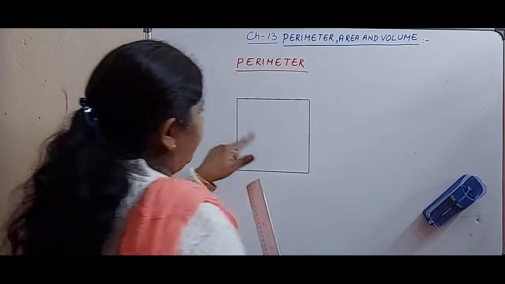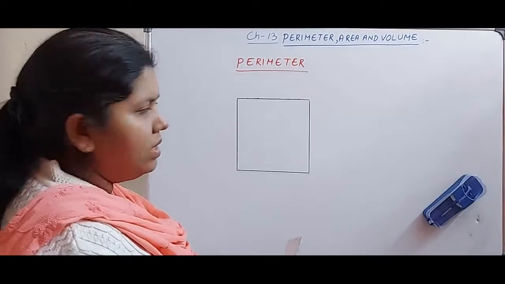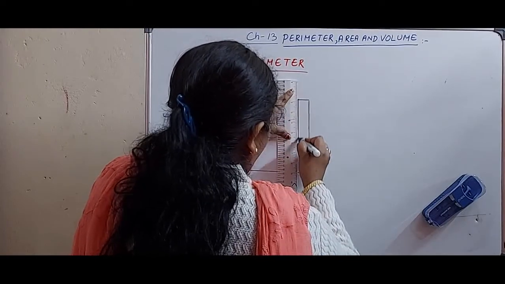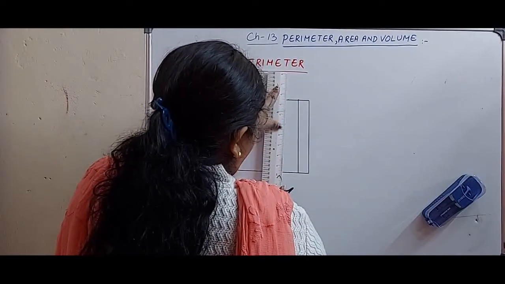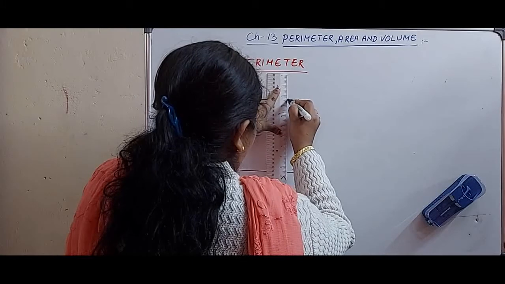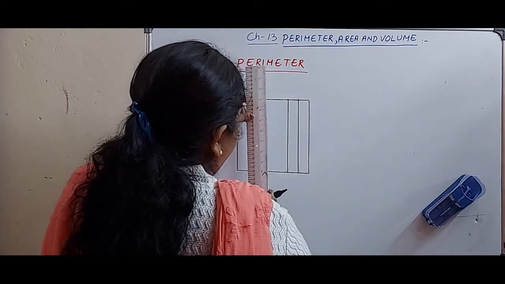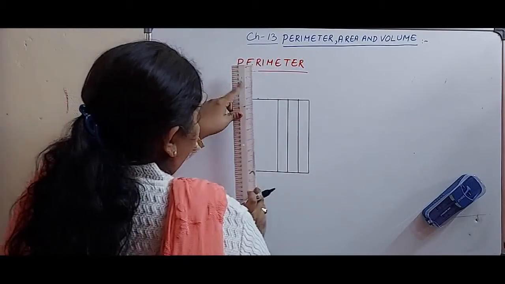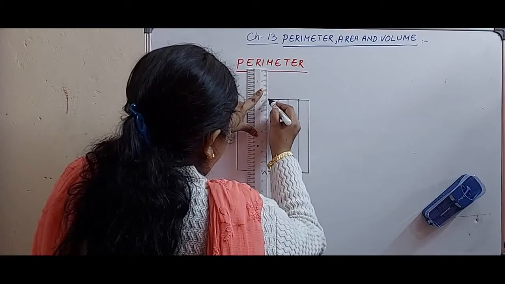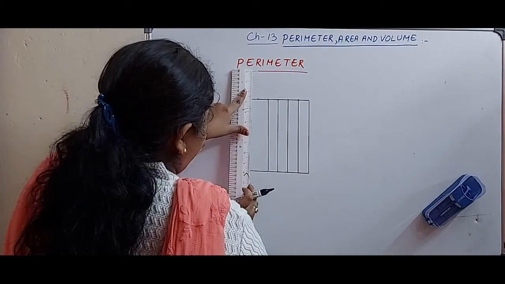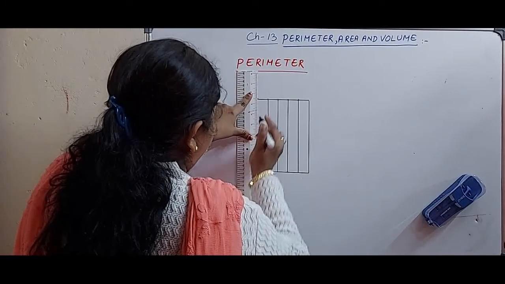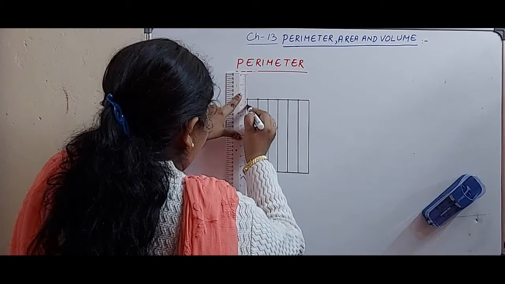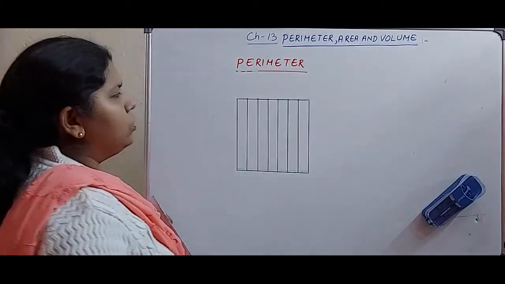We have made the square already. Now we have to just divide it into columns of 1 centimeter each. Columns are completed.